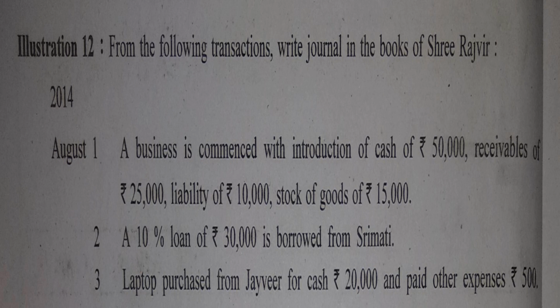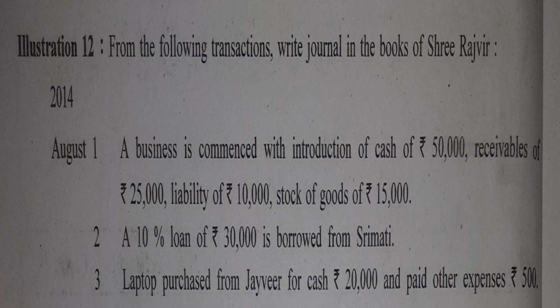Secondly, loan borrowed is a liability. Liability is always credited. Which type of liability is it? It is a non-current liability. So the two effects of this transaction are cash and 10% loan of Srimati. 10% here is only the rate of interest at which the loan has been borrowed.